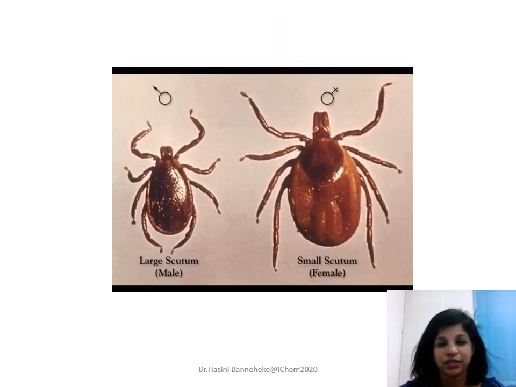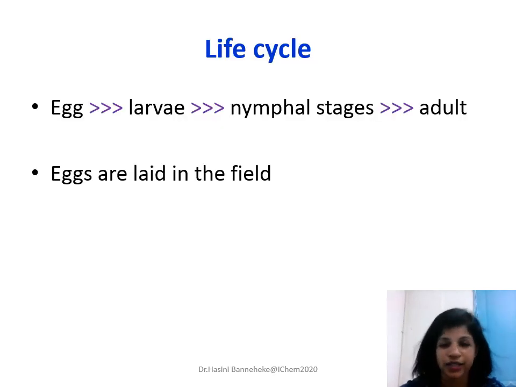This is just to show you the male and the female. You can see the large scutum of the male compared to the small scutum of the female. Generally, if you compare the two, the male is smaller in size.